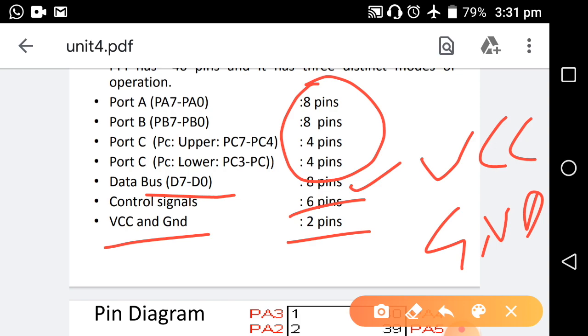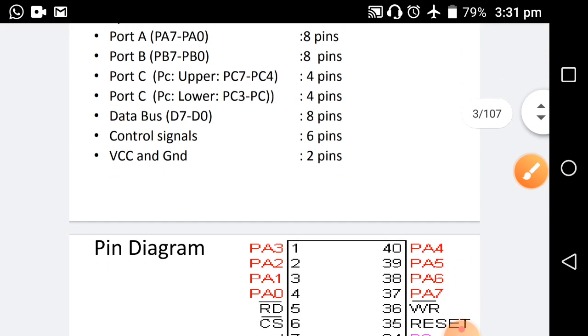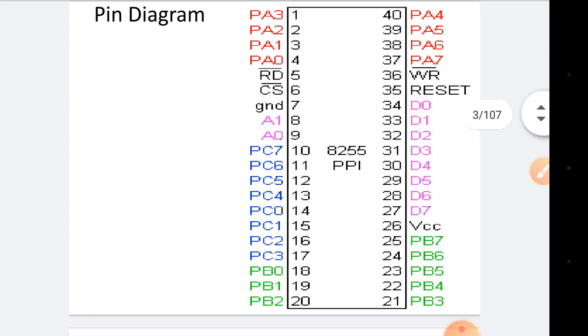So of these control signals, 2 are read and write. Chip select, read, write, A0, A1 are the control signals which are used.